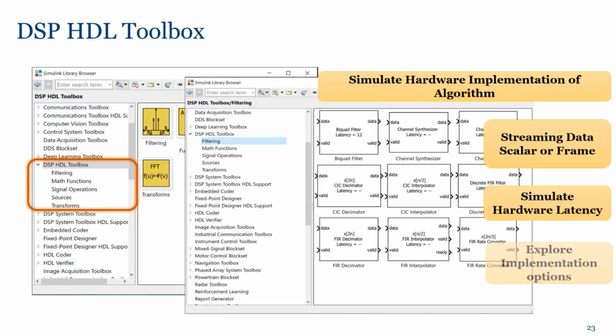And with the DSP HDL toolbox, what you can do is simulate not only the algorithm in Simulink, but also the hardware implementation of the algorithm. So you will start comparing streaming data between scalar and frame. You will even be able to simulate the latency that is introduced with this block. And finally, you could explore the implementation options that you have for each IP.